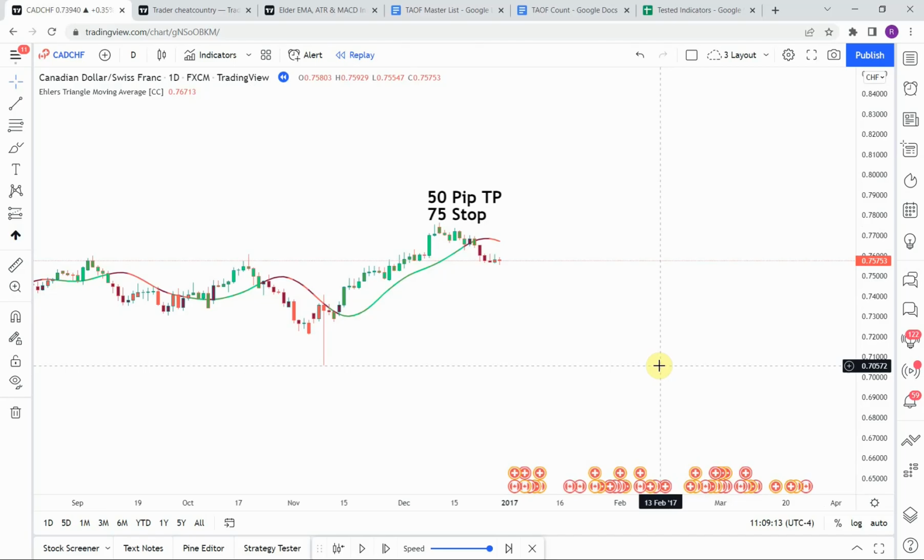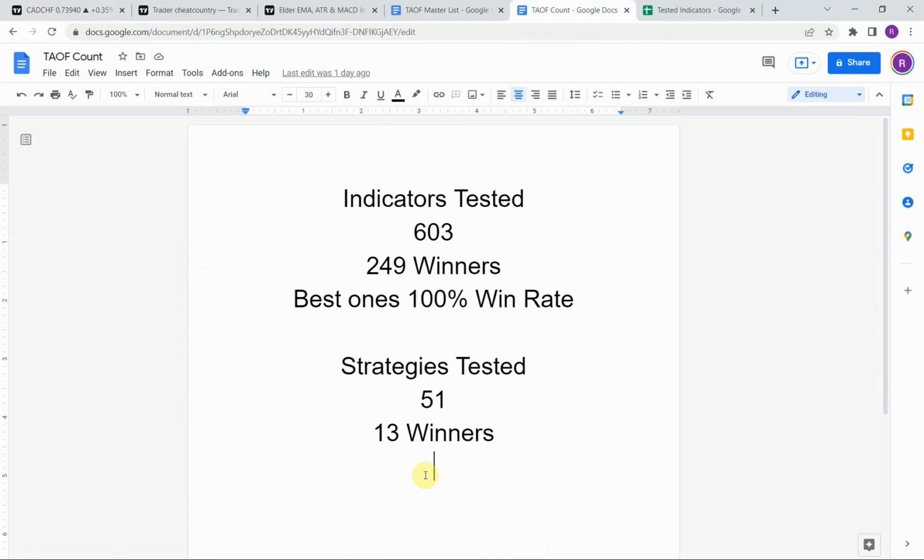Alright, as I said, today we will be testing Ehlers triangle moving average. Before we do though, I wanted to put the testing scoreboard up for everyone to see. So to date, we have tested a total of 51 different strategies, with 13 of them being profitable. We have also tested a total of 603 indicators, with 249 of them being winners.